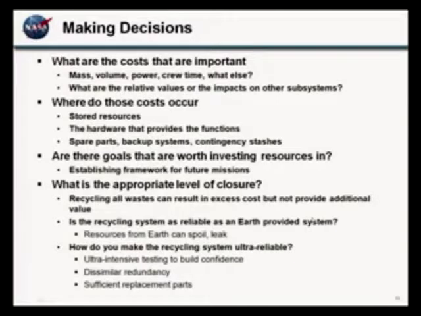All right, finally, making decisions, right? A value assessment is maybe a good way to put it, but essentially you have a lot of architecture options now for providing your functions with recycling, with storage, things like that.